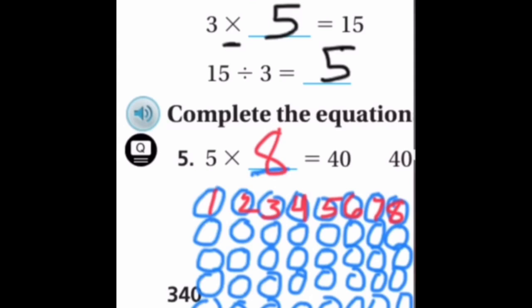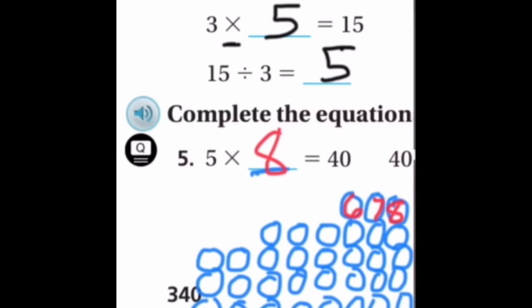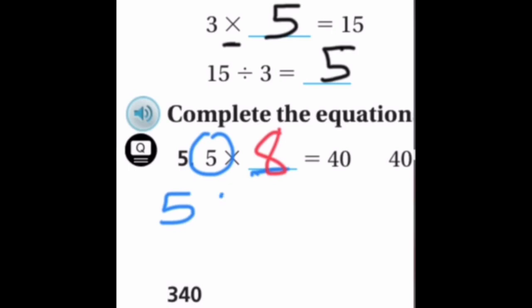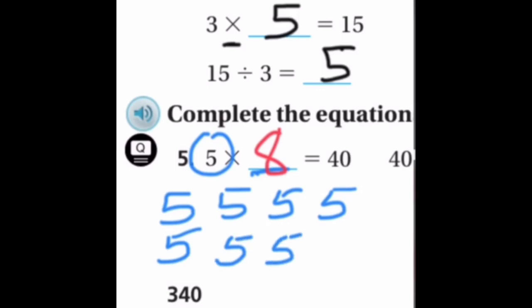Another way I can do that, I'm going to erase that, and I want to show you one other way, a little bit easier and faster. We're going to make groups of 5 until we get to 40. Now I can just write 5s. 5, 10, 15, 20, 25, 30, 35, 40.